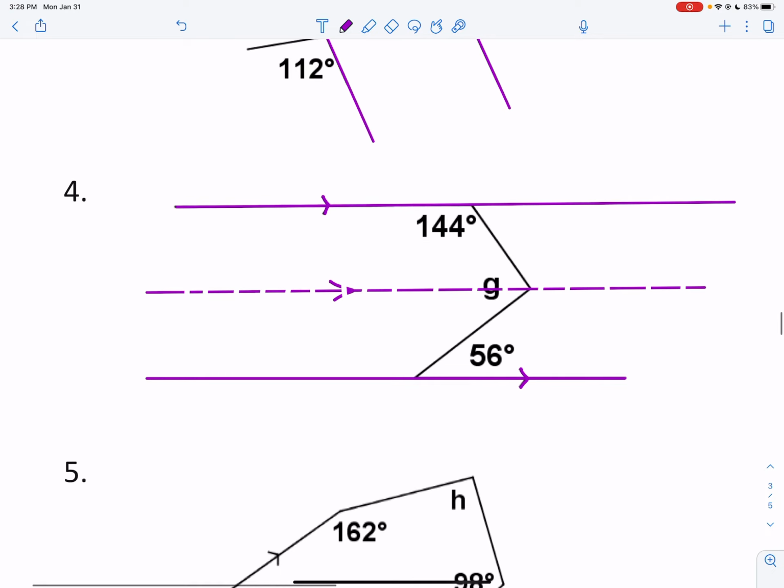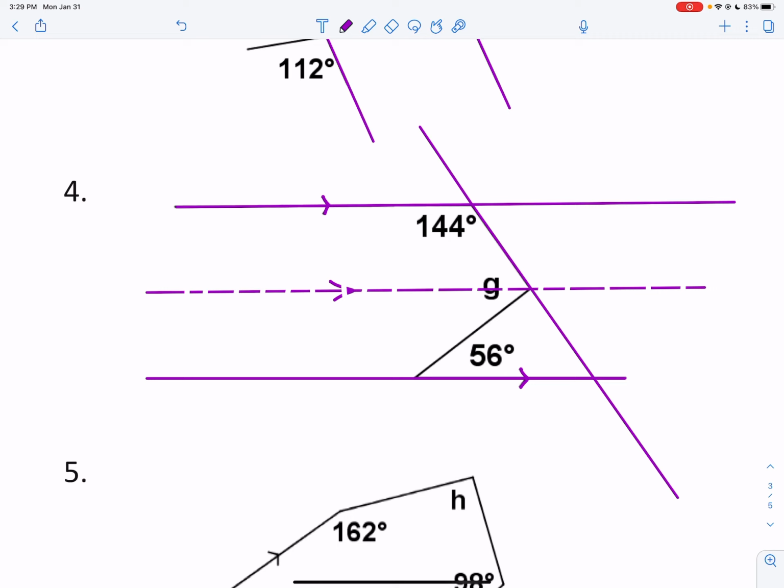So let's look at one aux line at a time. We've got to extend this one because that's that one line. Let's look at one transversal at a time, because that one line right there has to be a straight line with no breaks in it or bends to be a transversal. So we extend one part of that.